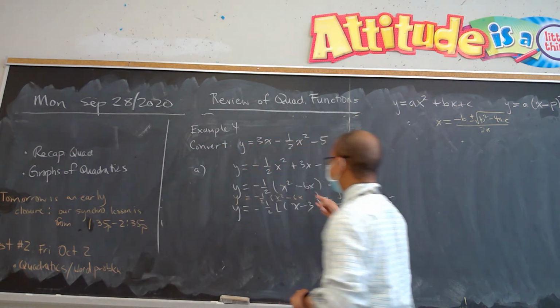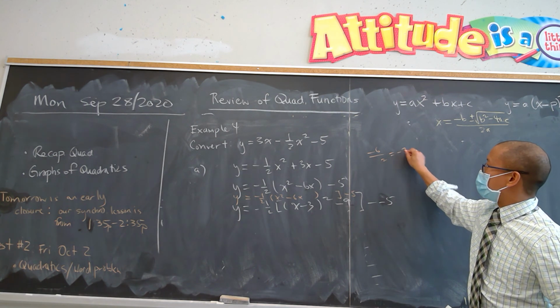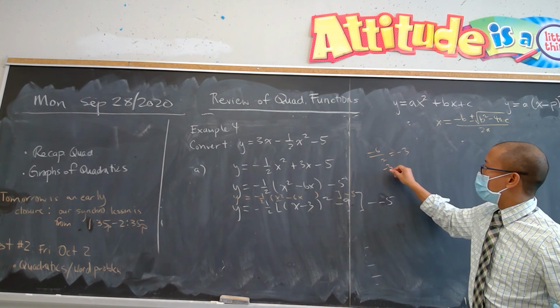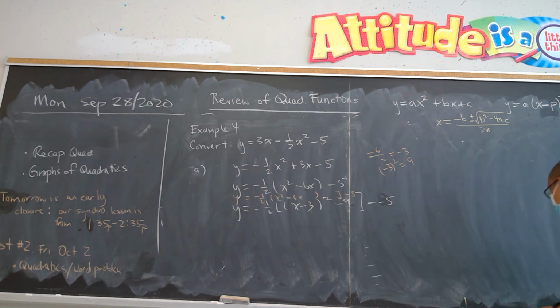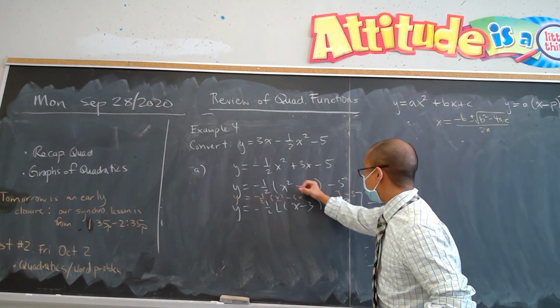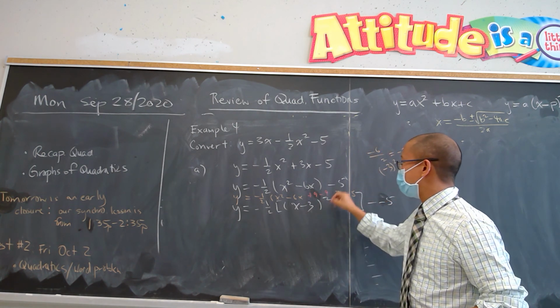And so take that new b, which is negative 6, divide by 2, which is minus 3, and then negative 3 squared is equal to 9. And so just to emphasize this in red, you get the plus 9 and then minus 9 here.